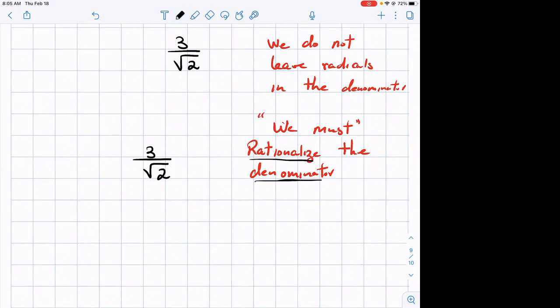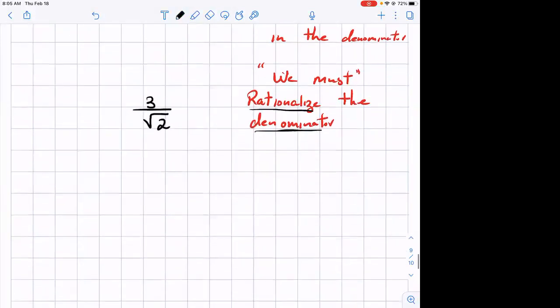When the denominator is one term, there is no adding or subtracting anything, we multiply by itself. But if we multiply the bottom by root 2, we must multiply the top by root 2. Realistically, I'm not changing the problem, because square root of 2 divided by square root of 2 is just 1. Multiplying anything by 1 doesn't change the value. So I'm not changing the value.